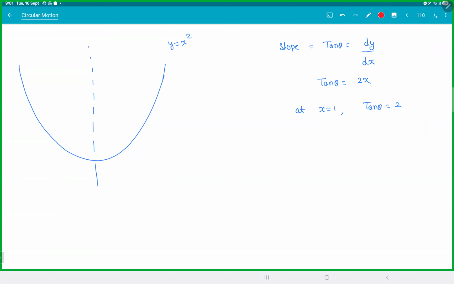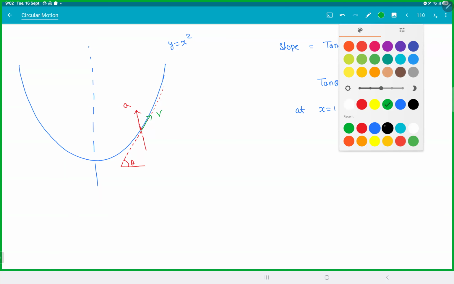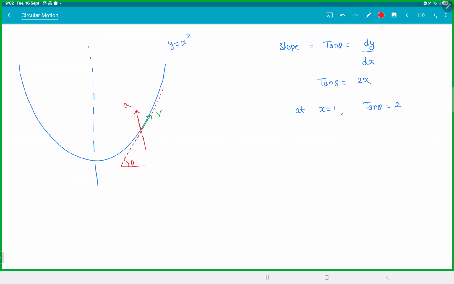That means when this particle reaches 1, 1, if you try to draw a tangent, it makes an angle theta. And this thing has an acceleration in the vertical direction a. And it has a velocity in the tangential direction. This is your velocity v. This angle will be 90 minus theta.